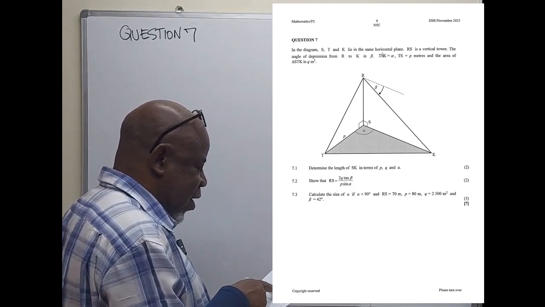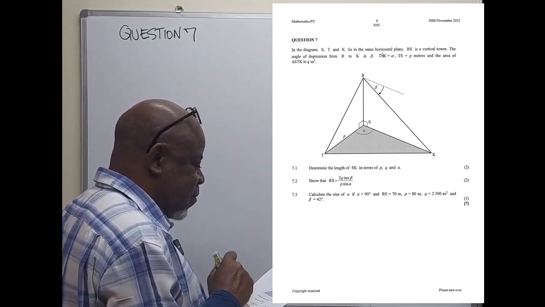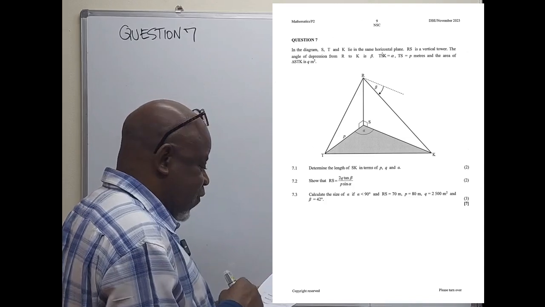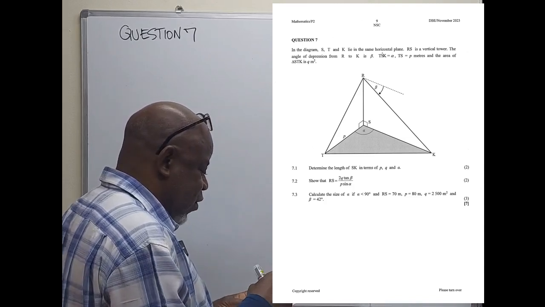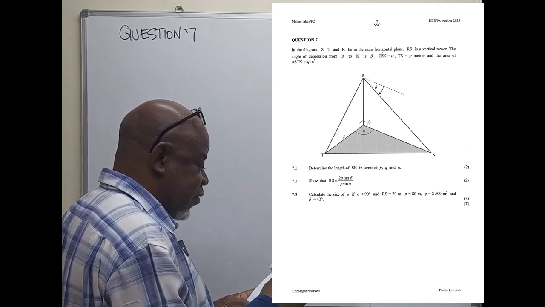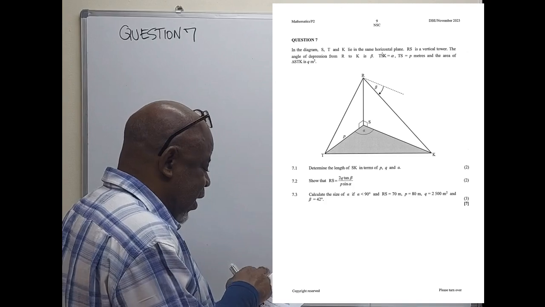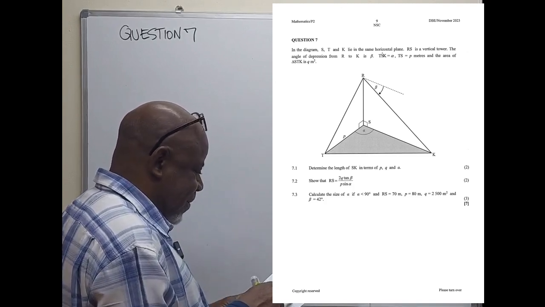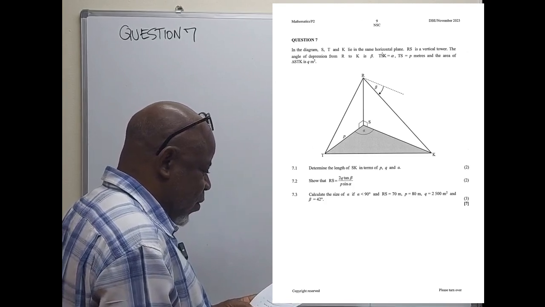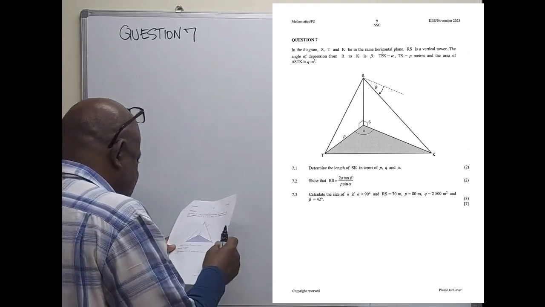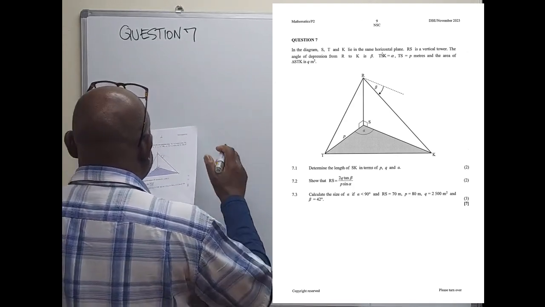Angle TSK is alpha, you can see it at the bottom, and TS is equal to P. This is one of the sides of the triangle on the floor, P meters, and the area of the triangle STK is Q square meters. So let's write what we are given before we take question 7.1.